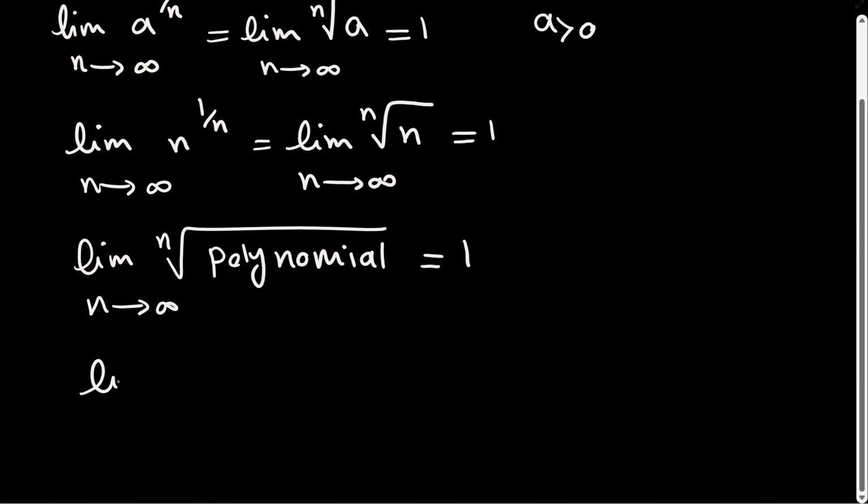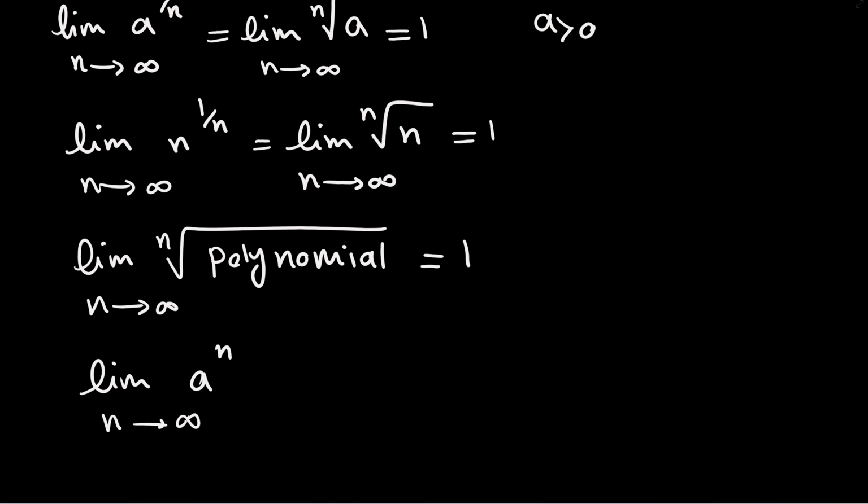Also, limit of a to power n when n approaches infinity equals 0 if we know that the absolute value of a is less than 1. It means that a is between -1 and +1.